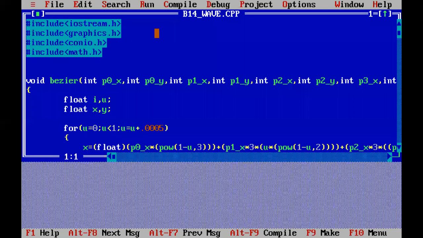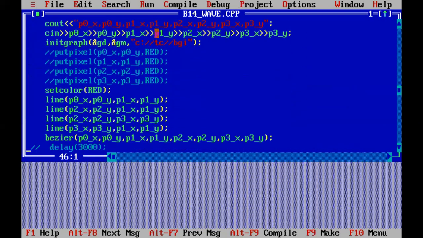Actually, I don't want to draw from P3 to P1. Sorry. So these are the control points. So here I want to draw only 3 lines. No need to draw this one.